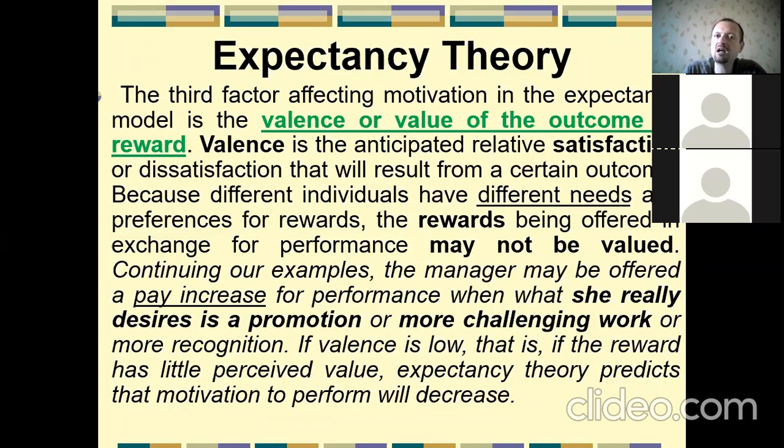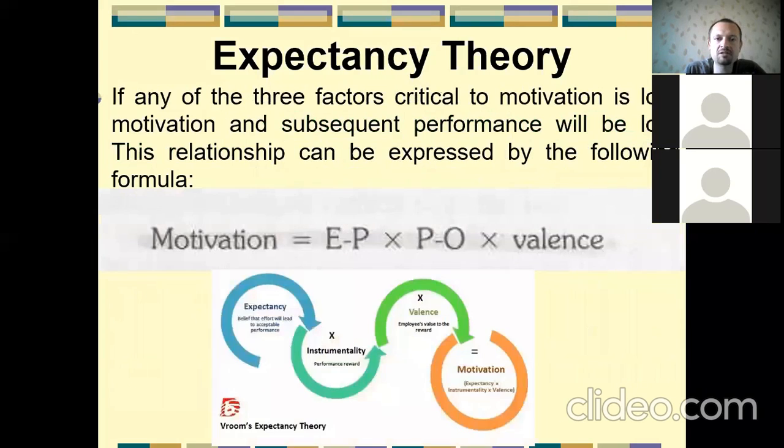Without it, I won't work for my organization. And the most important formula within expectancy theory is the following: motivation is equal to the multiplication of three components: effort performance, performance outcome, and balance.